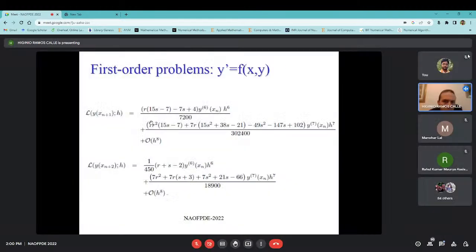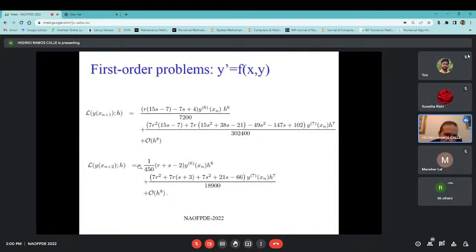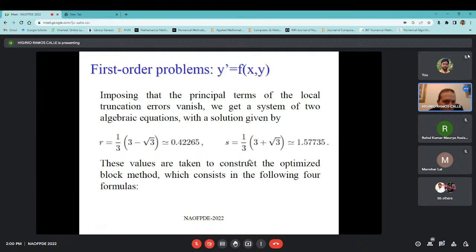So if we take this term, the principal term of the local truncation error for the approximation at xn plus 1, and also this term, the principal term of the local truncation error of yn plus 2, and impose that these terms vanish, we get an algebraic system of two equations. After solving this system, we obtain the values for those parameters.